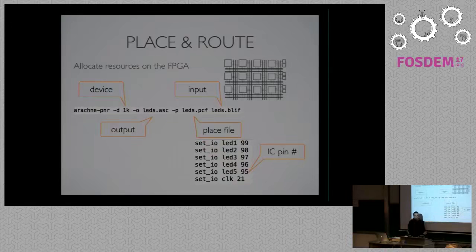Usually it works. It doesn't work if, for example, you are using too many gates and there are not enough gates on the FPGA, or if you are just at the limit, the place and router can say, no, I cannot find the routes. And when you place and route, you also specify which pads are assigned to all the inputs.